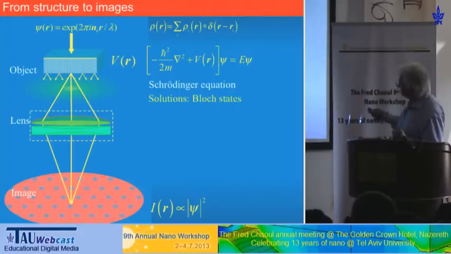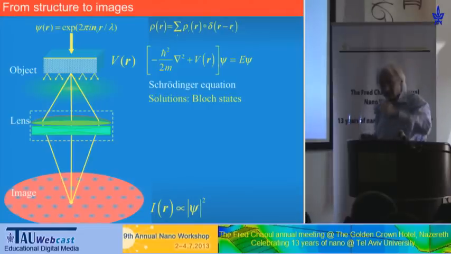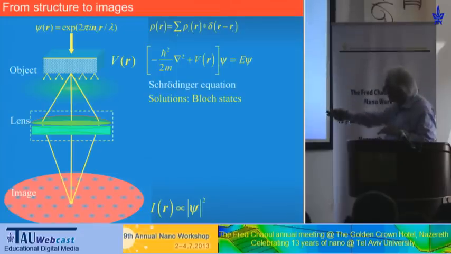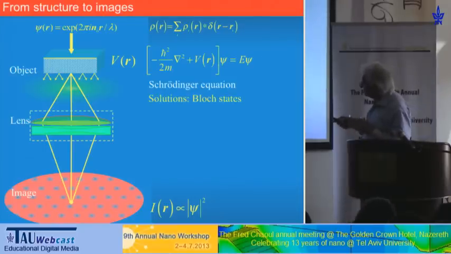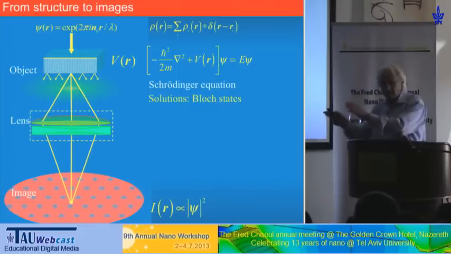So the solution of the Schrödinger equation are Bloch states at best, or in any case something like a Bloch state, very generally a stationary electron state of electron waves going through such a specimen. And the wave field here is mathematically complex. That means it's described by amplitude and phase.